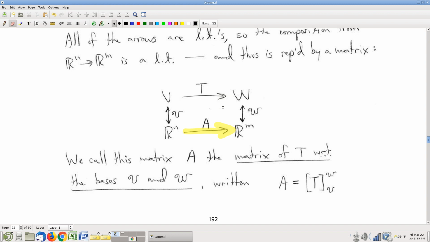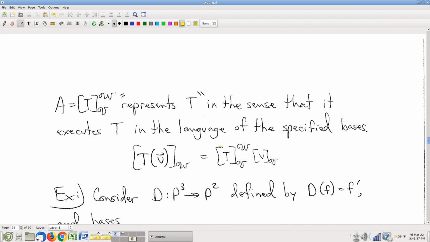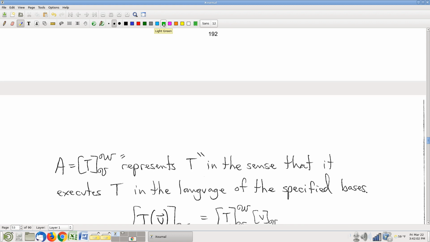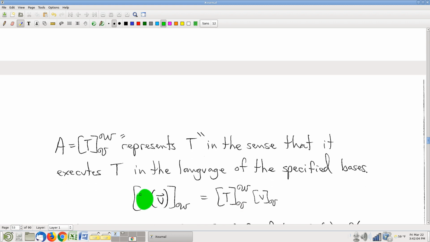And here's what I mean by that. If you look at the equation down here, the linear transformation is doing the same thing as the matrix in a certain sense. There are a couple of details we need to talk about, but notice what this is saying: the linear transformation applies to V, and the matrix sort of applies to V also.